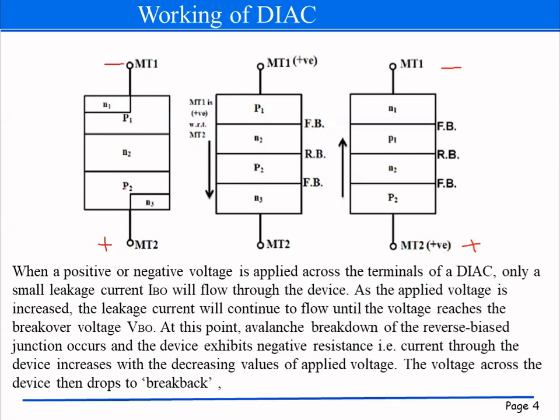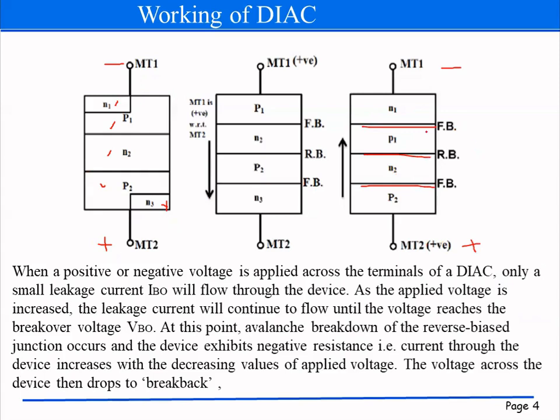These layers are P2, N2, P1, and N1, shown here. N3 does not play any role in this situation. The current flows through these sections, and because of these four layers, three junctions occur: the first junction, the second junction, and the third junction.